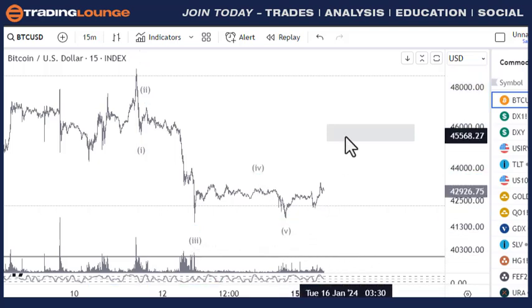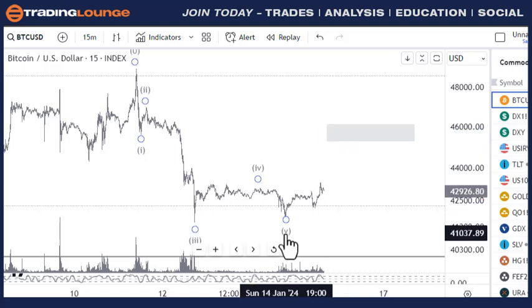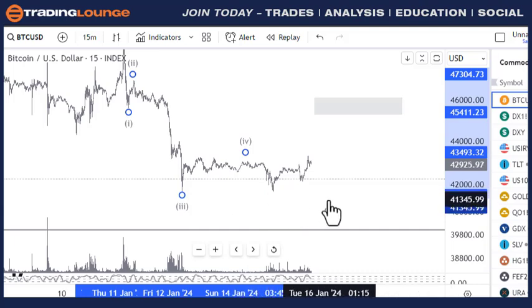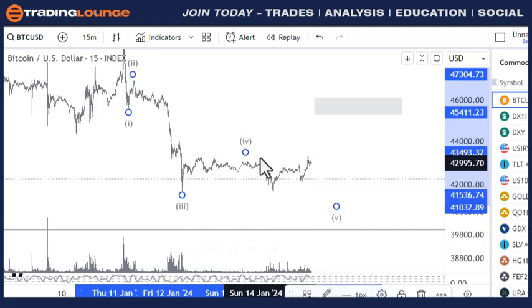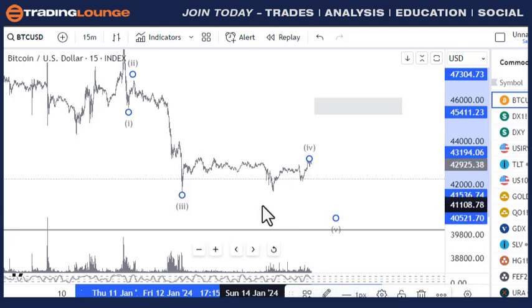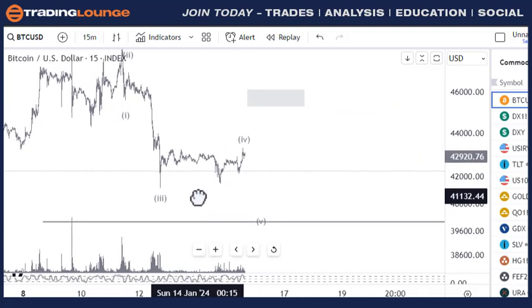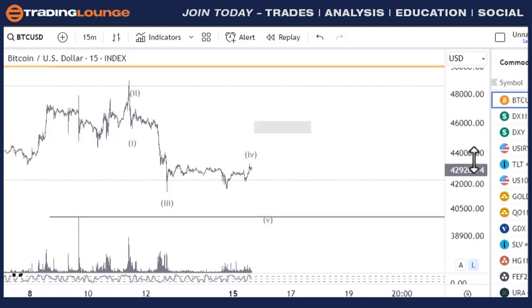And then we go up for an ABC pattern here. But the other side to the coin, as pointed out by one of our members, is that this is just a 4th wave here, and we come down to the 5th wave. So they're the two counts, but I have to say it doesn't really matter at this point.